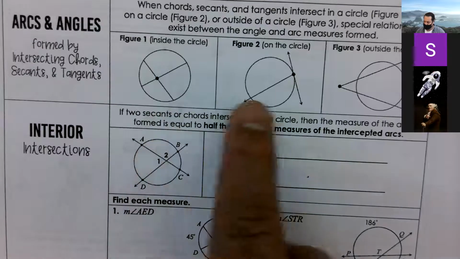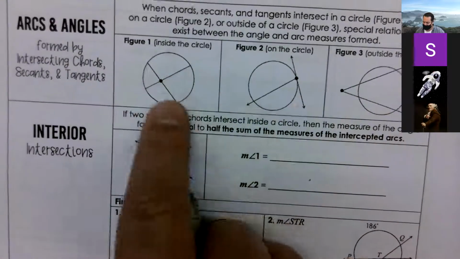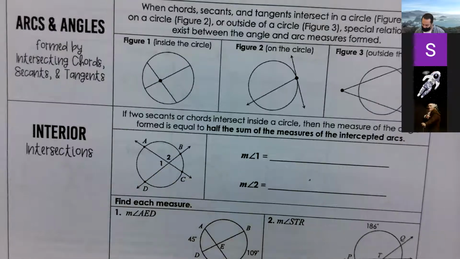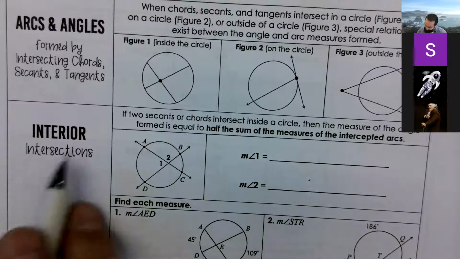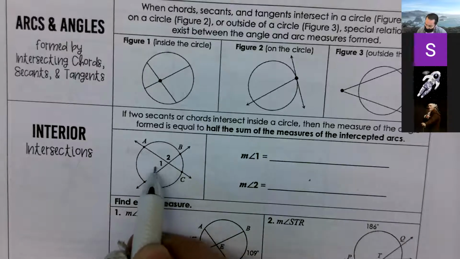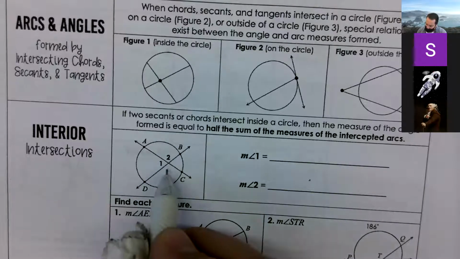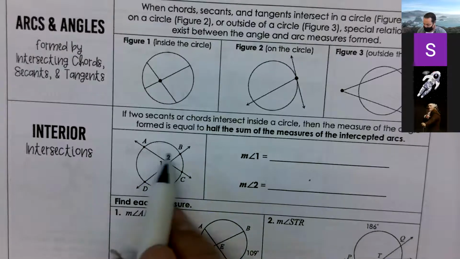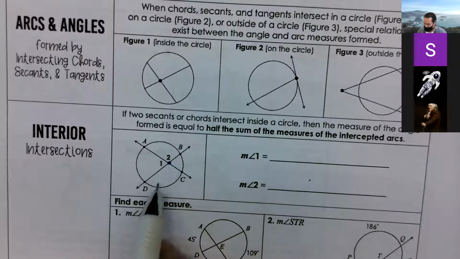We're going to be talking about several different types of intersections inside, on, and outside the circle. This first one is the interior intersections. So if I want to find the measure of angle 1, I recognize that the point which satisfies their vertex is somewhere in the middle here. So it's going to be the average of these two arcs.